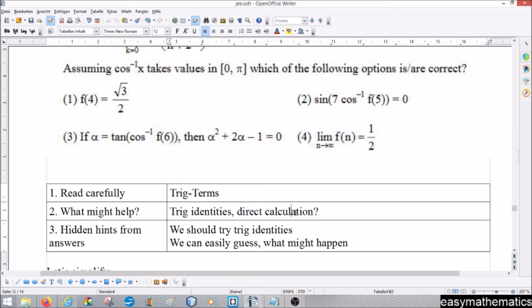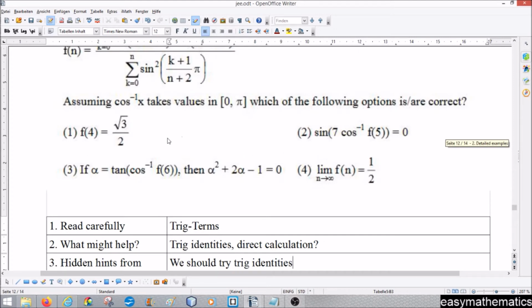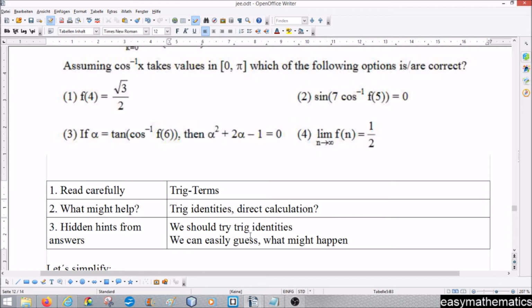And do we get hidden hints from the answers? Yes, we do.